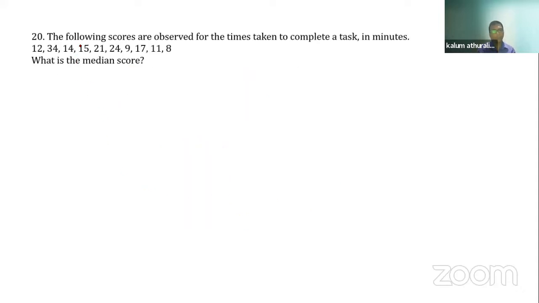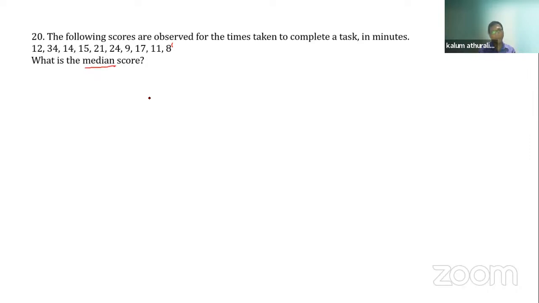This one. Now statistics. The following scores are observed for the time taken to complete a task in minutes. What is the median?